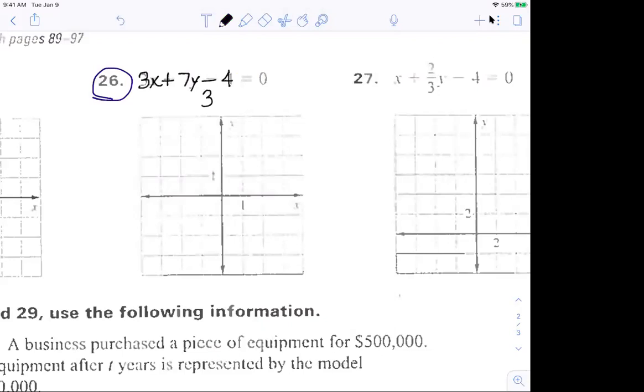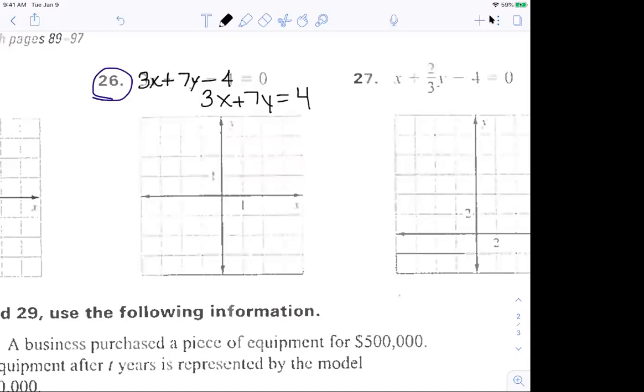So I'm going to rewrite this. We talked about two forms, slope-intercept form and standard form. I'm going to rewrite this one in standard form. In my mind, because 3, 7, and 4 have no common factors, there's not a nice number that they would all divide into. One of them doesn't divide into the other.